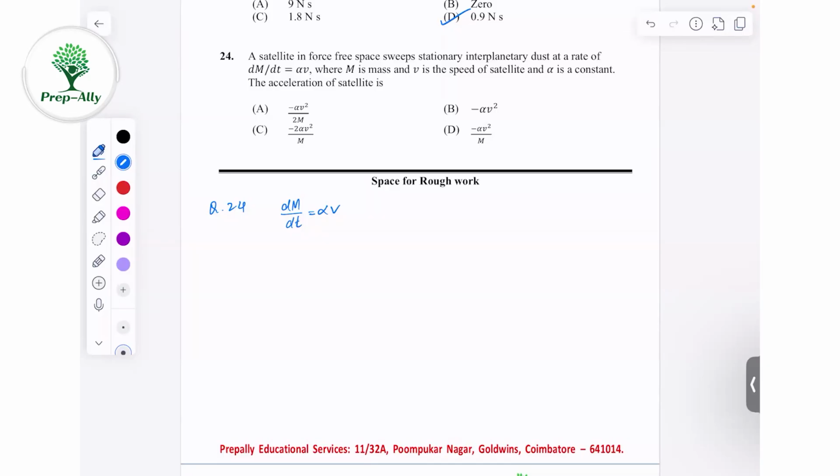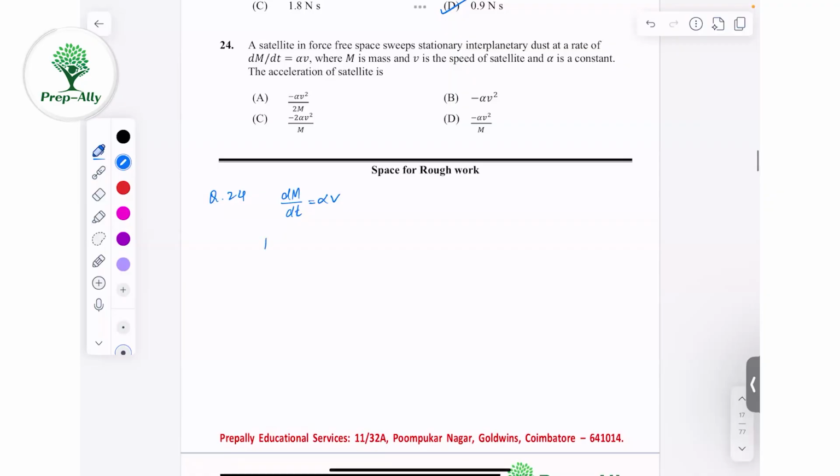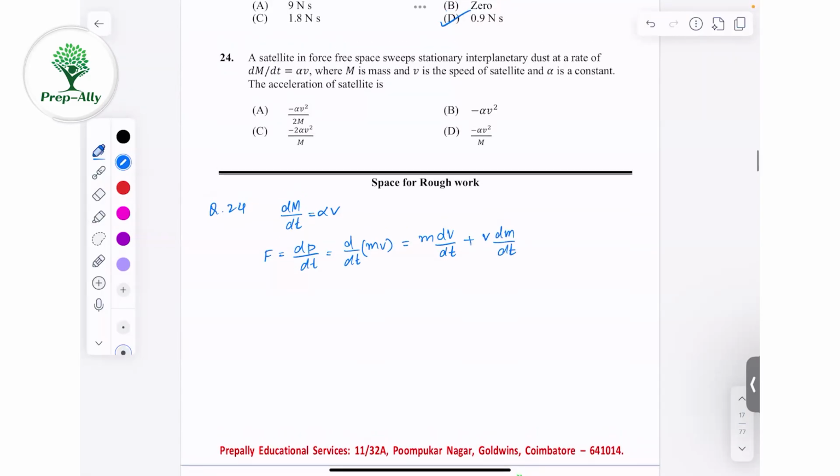Okay, so here let us apply Newton's second law again. Second law states that force is the rate of change of momentum. So it is dp by dt. And momentum is what? Just mass into velocity. This can be expressed as m dv by dt plus v dm by dt. But it is clearly mentioned that it is a force-free space, which means force is zero.